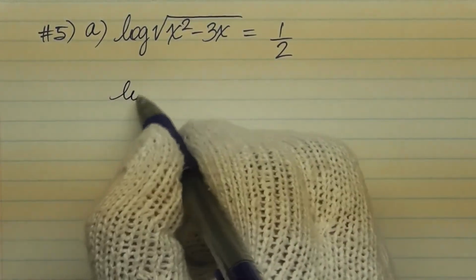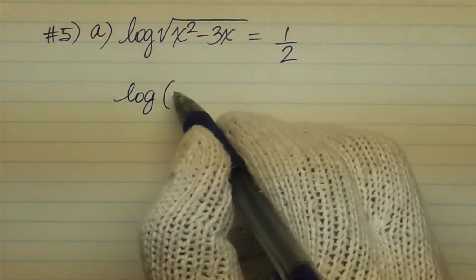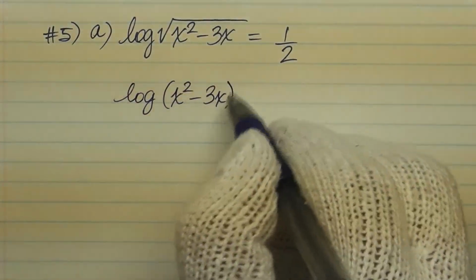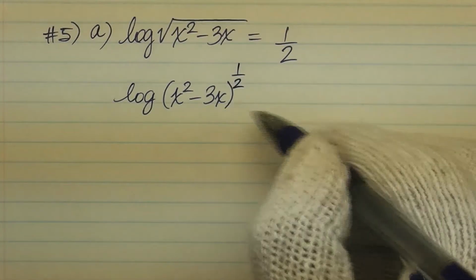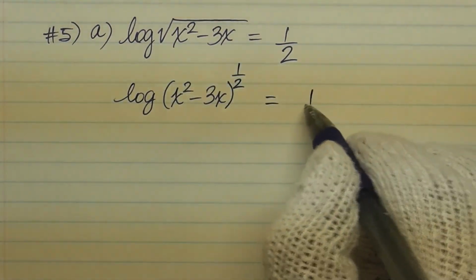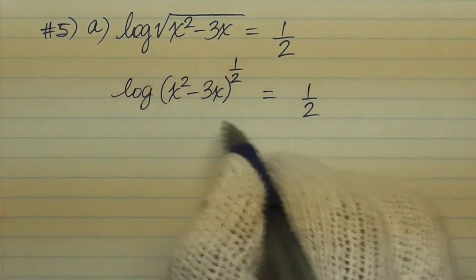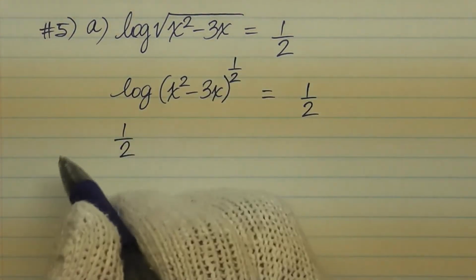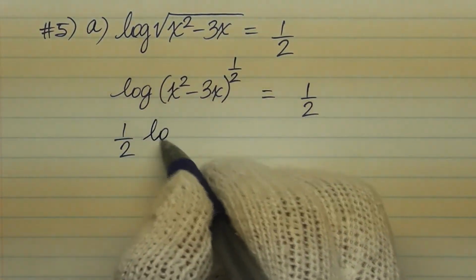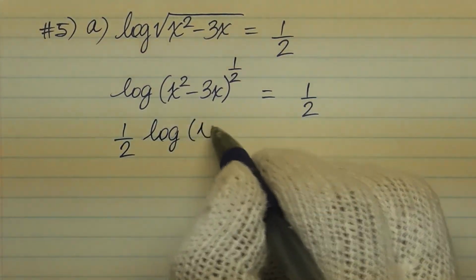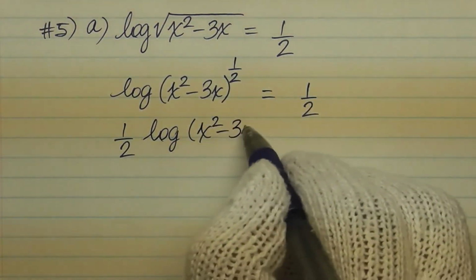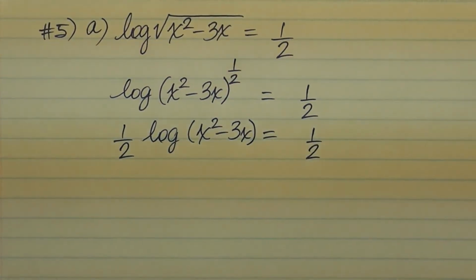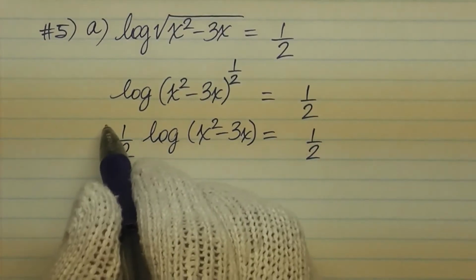Okay, so this is basically log of x squared minus 3x to the 1/2, and that's equal to 1/2. So I can bring the 1/2 in front, and that's going to give me 1/2 times log of x squared minus 3x is equal to 1/2. I can multiply both sides by 2.